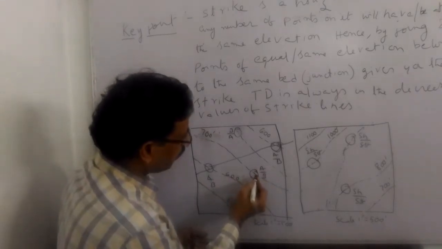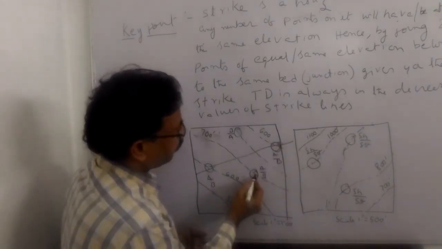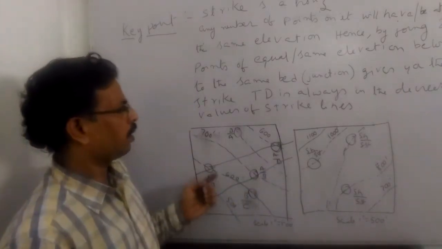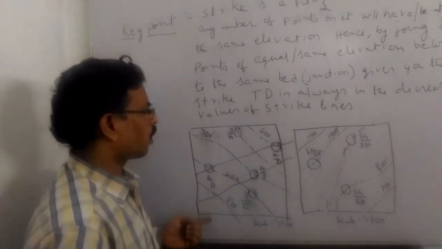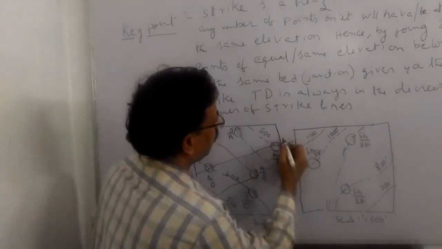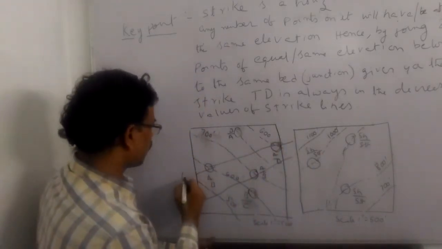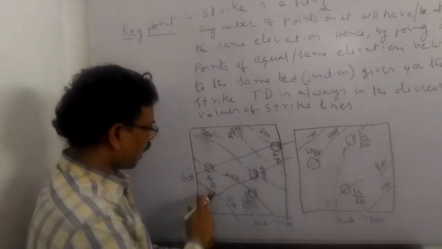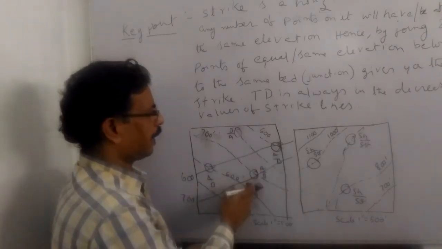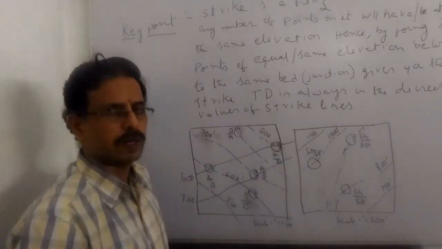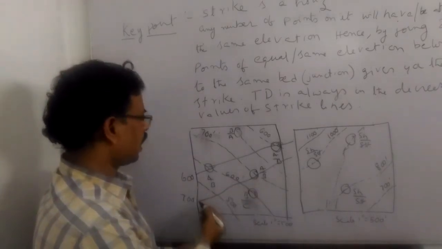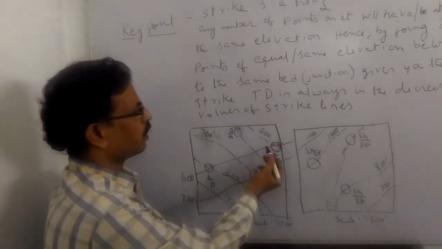If I join this, I can draw a parallel line to this A by B line. The strike value of this one is 600 because I joined 600 points. For this line, the strike value is 700 because I drew it taking the 700 elevation point. So this is the strike line of A by B of 700, and this is the strike line of 600 belonging to A by B.